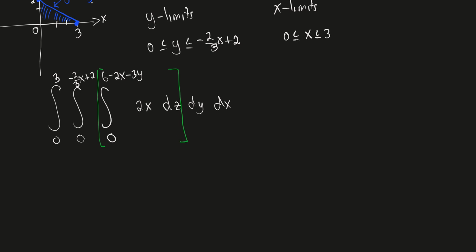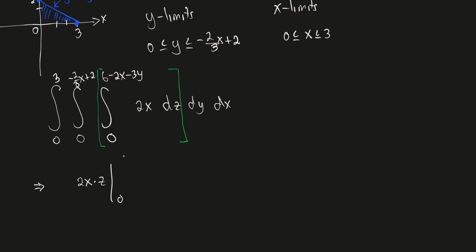Okay. And then we're going to do y and then x. So first integral, I'm not going to rewrite it. I'm just going to write down the antiderivative. Now, since we're integrating with respect to z, 2x is treated as a constant, so the antiderivative is going to be that constant times z, and then we're going to plug in our limits.